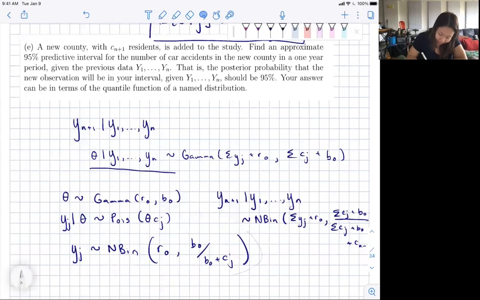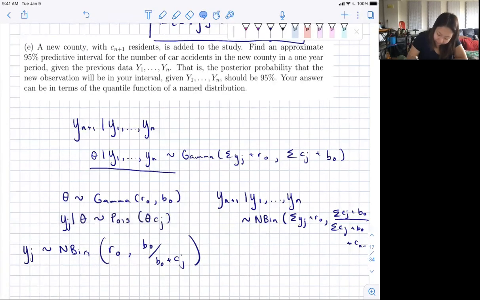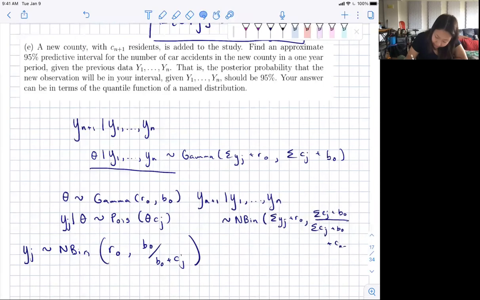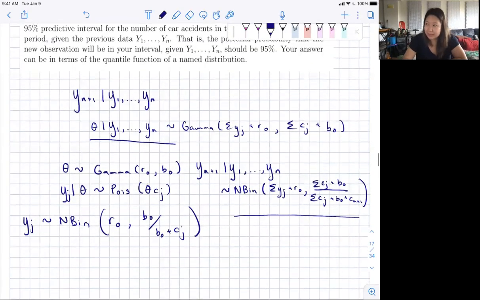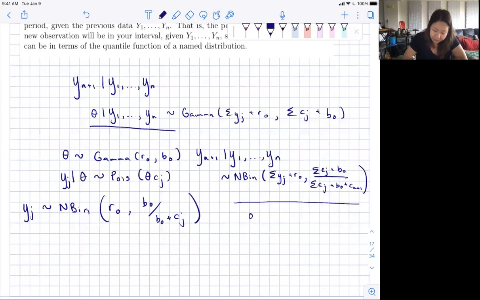I ran out of room, so I'm going to move this. Plus c sub n plus 1. This is going to be our posterior predictive distribution. Now we can construct the posterior predictive interval by taking the 0.025 quantile and the 0.975 quantile.